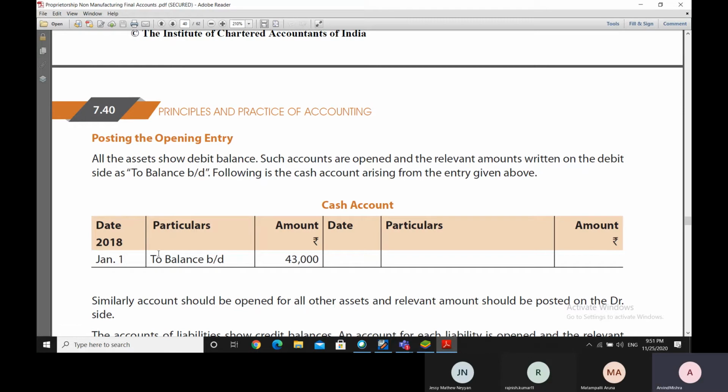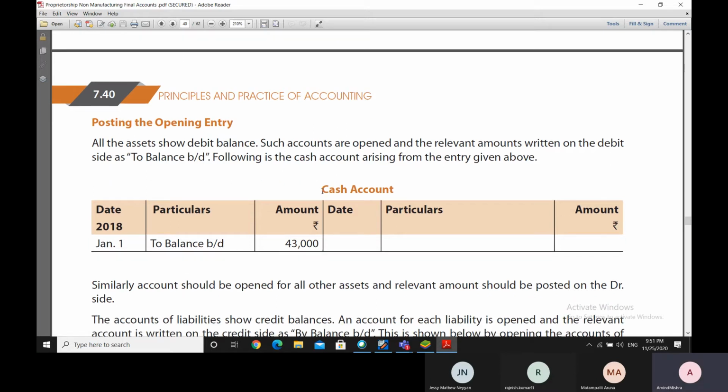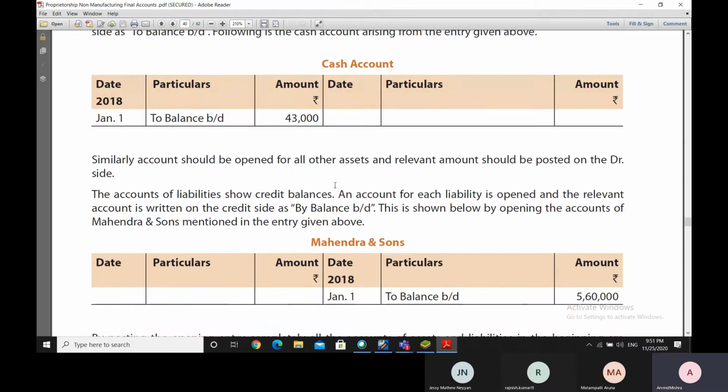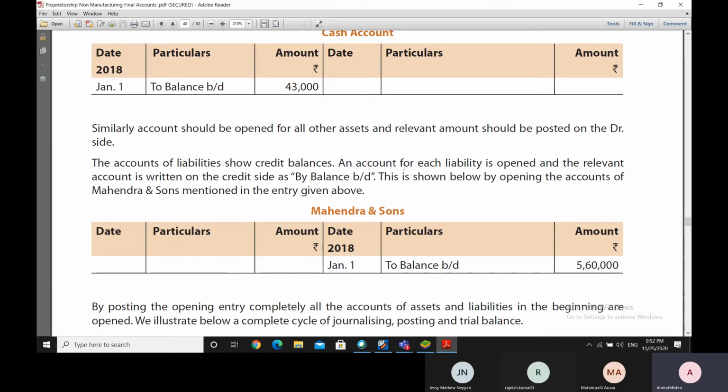It is a debit entry made on the debit side of the cash account, and this is the entry which is made at the beginning of the new year, showing the opening debit balance in the cash account. And similarly, just like cash, for other assets also similar accounts are opened, and the relevant amount in the journal is posted on the debit side.